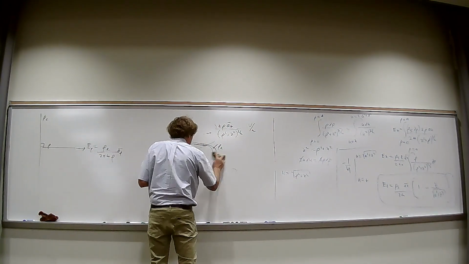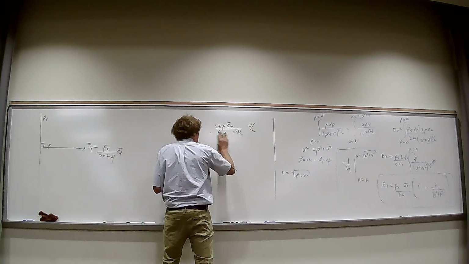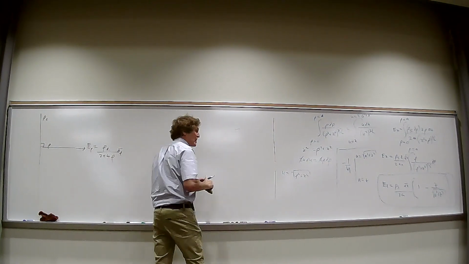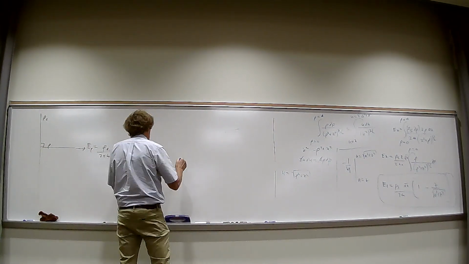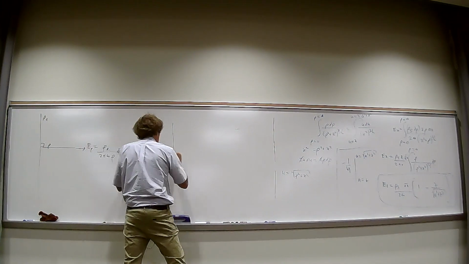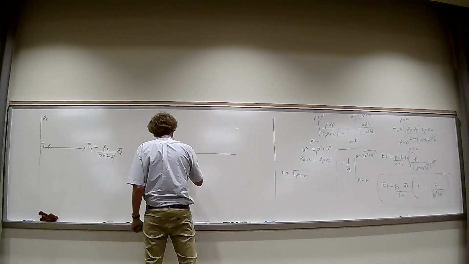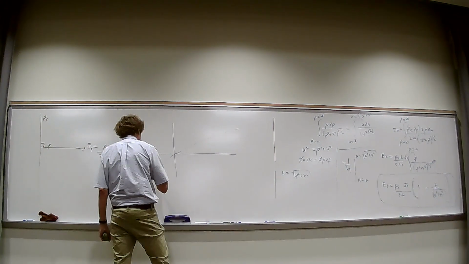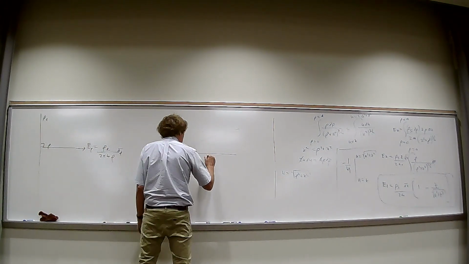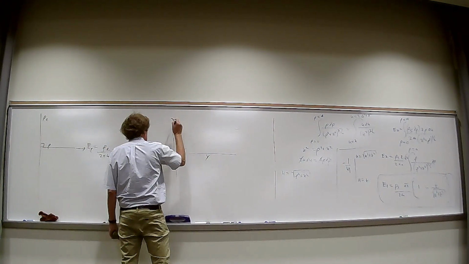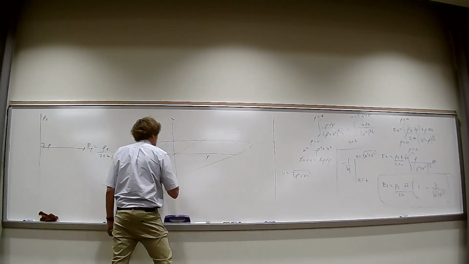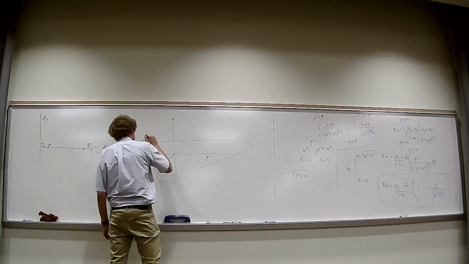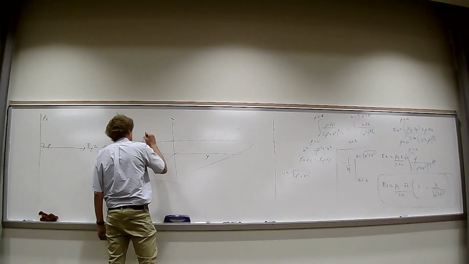Well, just take a look. This is an important point, by the way. If you have a surface of charge, I'll try to draw it this way. So this is x, this is y, and here's z. I'm saying I have an infinite surface of charge that has rho s on it, right?